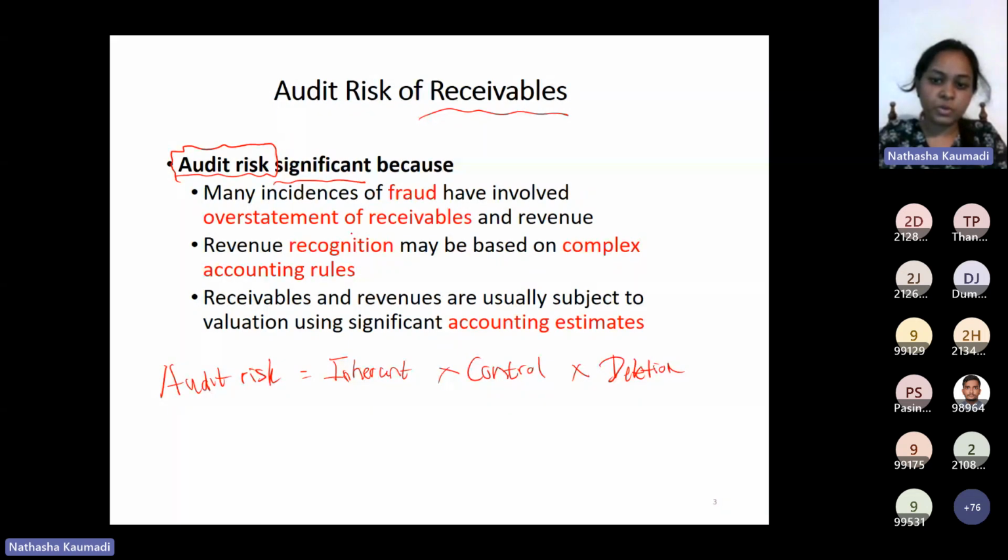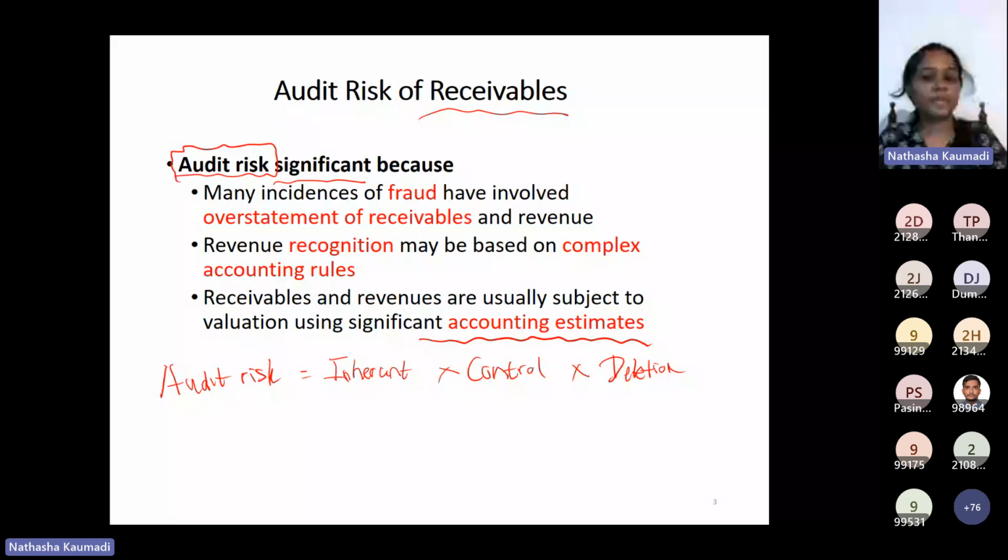Third one, receivables and revenues are usually subject to valuation using significant accounting estimates. Now, both these balances have accounting estimates. The most important estimate is impairment. You have impairment of trade receivables. You call it ECL. Expected credit loss computations are there for trade receivables. When you do all these allowance for doubtful debts, all these ECL computations, you are using assumptions.